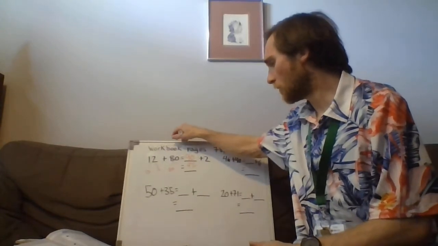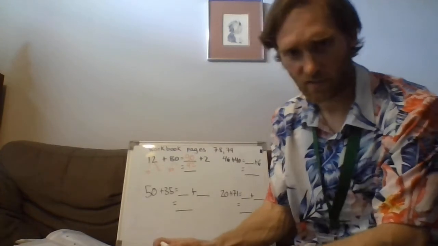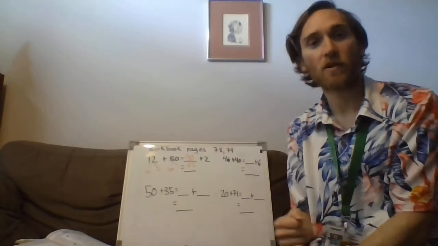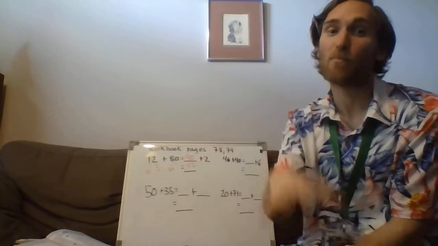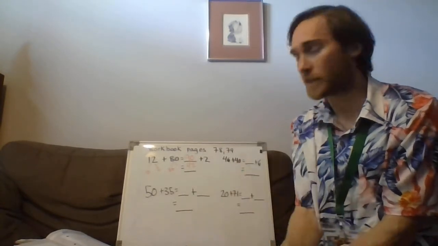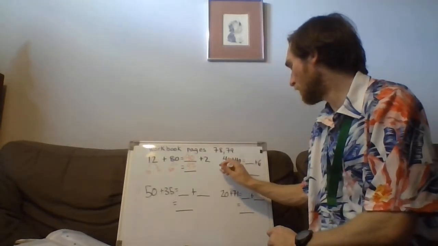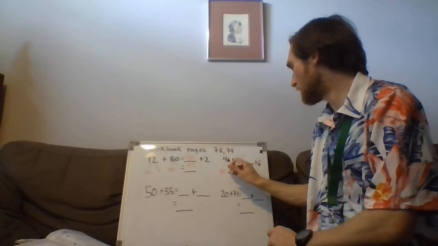The next one, the one that's right over it, 46 plus 40 equals blank plus 6. That's how many 1s there are. That's why it's a 6. I can find out how many 10s there are. Then I can find the answer for the second blank. All right, 46. Well, that's going to be 40 and 6.